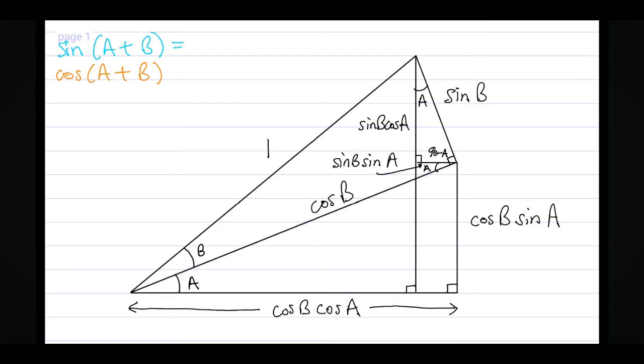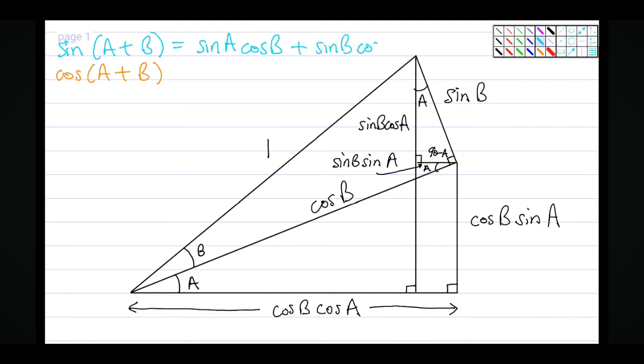So I'm going to start with this one first and just reverse the order there. So I get sine of A cosine of B, plus this line segment, which is sine of B cosine of A. We've just proved our first formula.